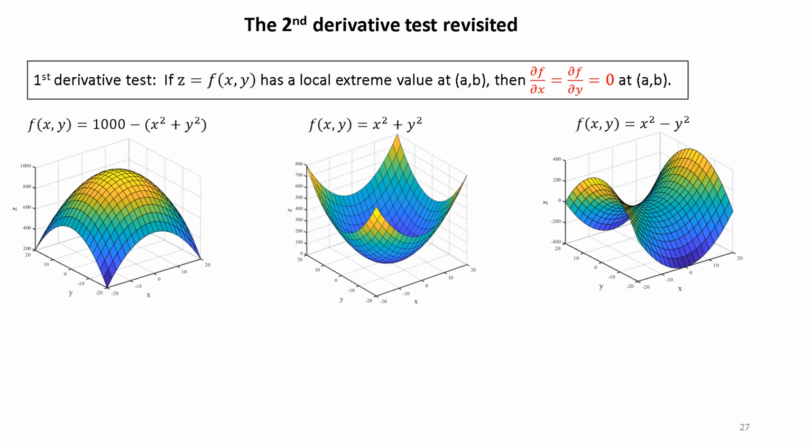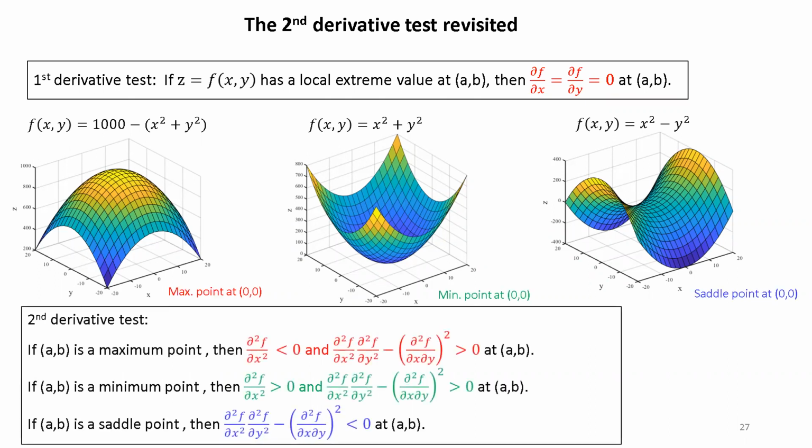For one variable functions, the second order derivative test was easy to understand. The second order derivative is either greater than 0, smaller than 0, or equal to 0, corresponding to a minimum point, a maximum point, and a saddle point.